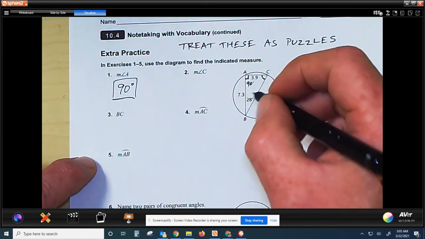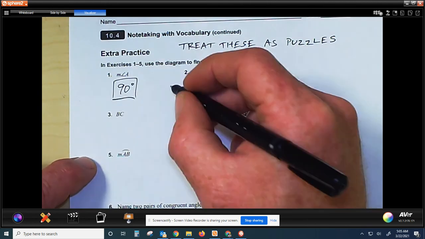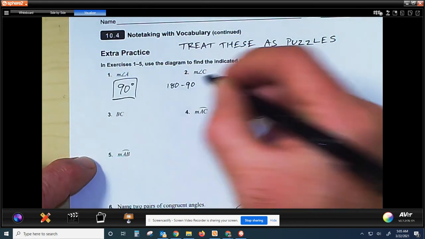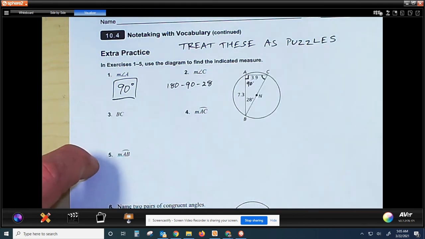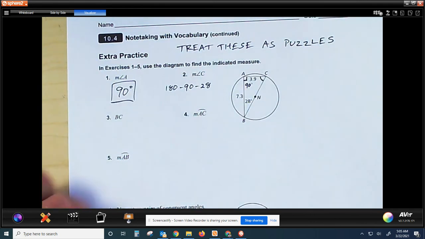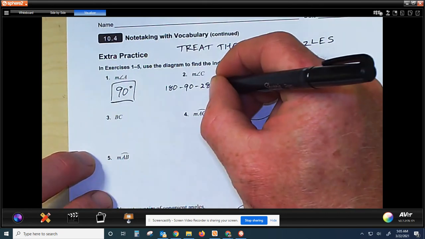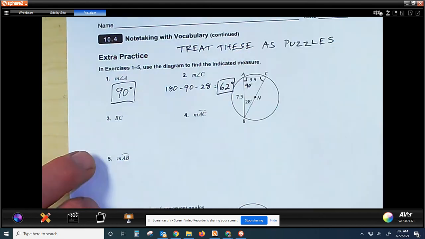Okay. There's 180 degrees as the sum of the interior angles for a triangle. So 180, subtract 90, and subtract 28. Okay. Well, that is 62 degrees. Does that make sense?